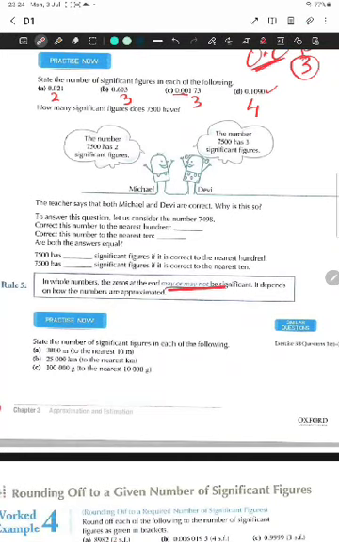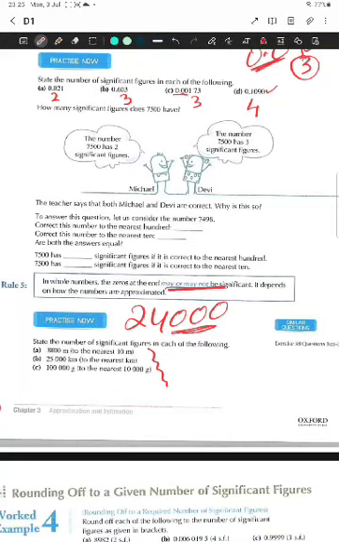For example, in a whole number 24000, these zeros may or may not be significant. It depends on how the number is approximated. If it is given how the number is approximated, it will be clearly stated in the question, and according to that we will tell the number of significant figures.